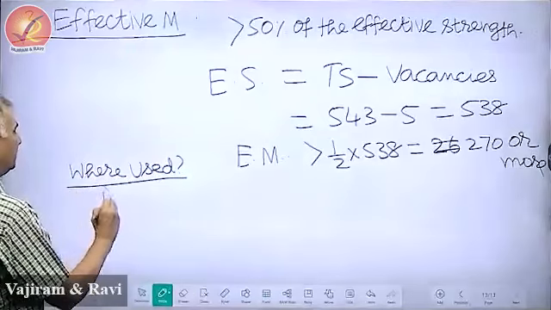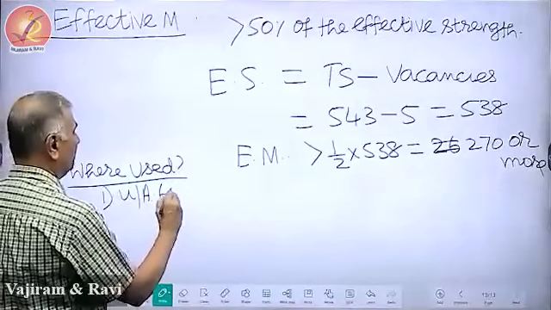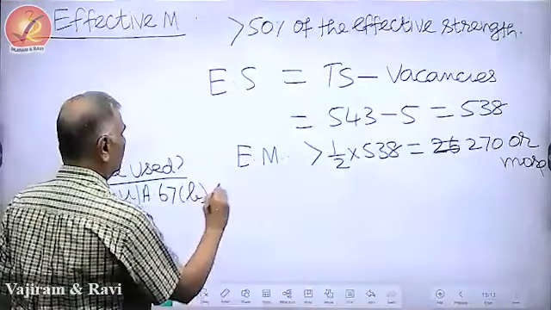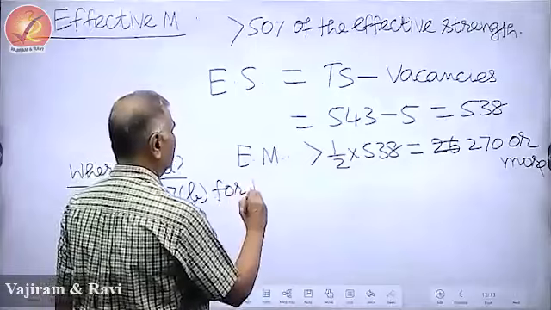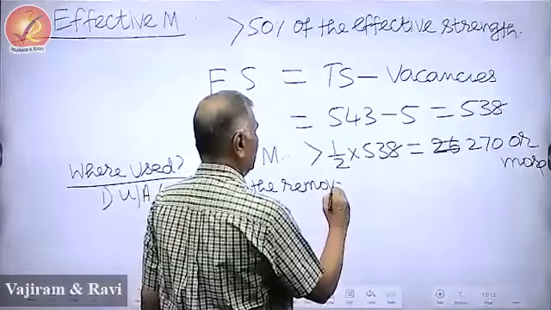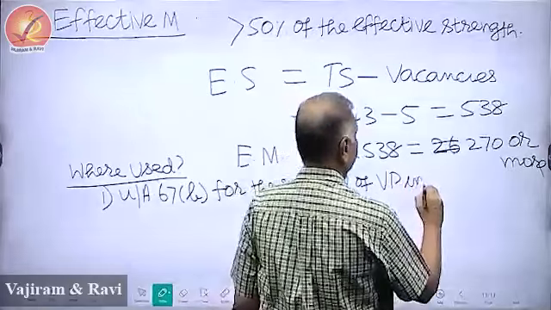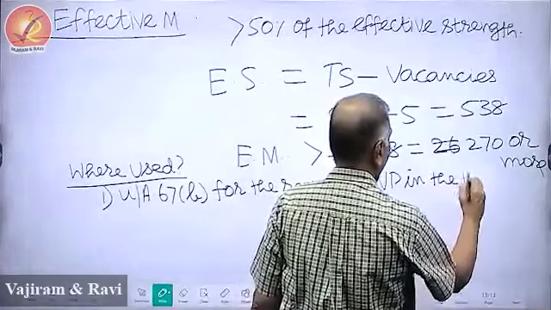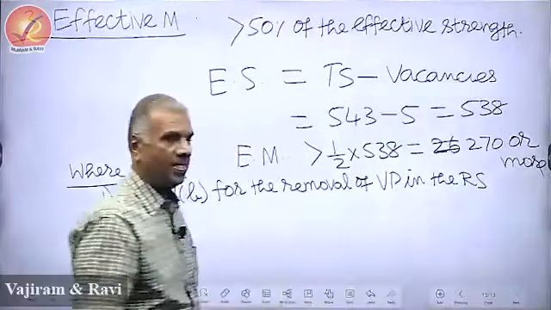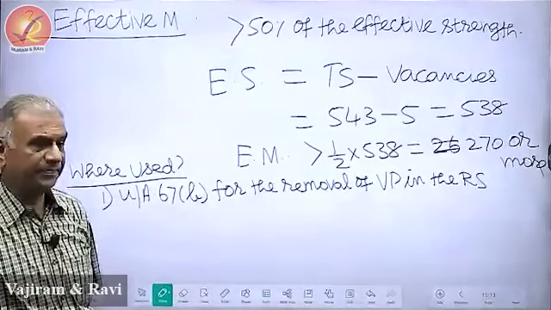Of course, we have seen under Article 67 Clause B for the removal of the Vice President in the Rajya Sabha.